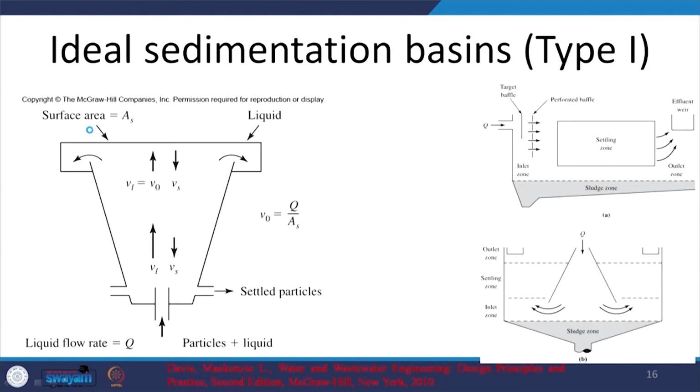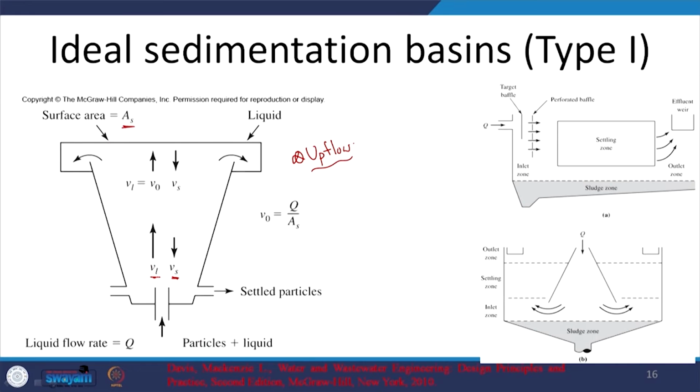So, let us look at the common types of sedimentation basins. Here we have upflow. Fluid is coming up at this point, and the velocity of the liquid is given here, and this is the settling velocity of your particle, which you will calculate from Stokes law, let us say. Initially the velocity is higher here, but at the top I am increasing the surface area.